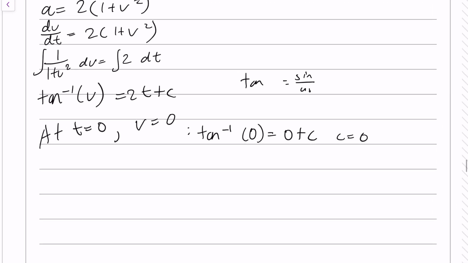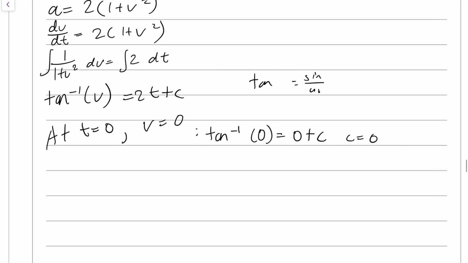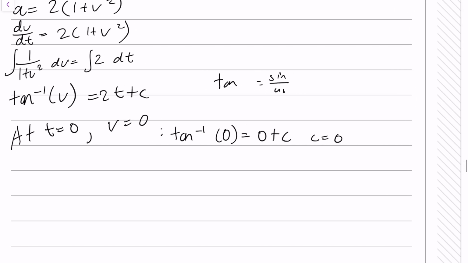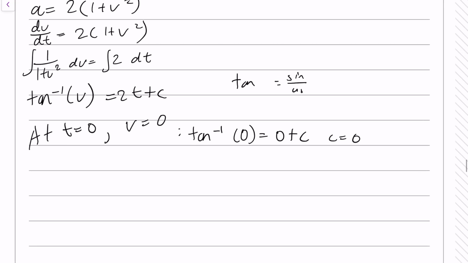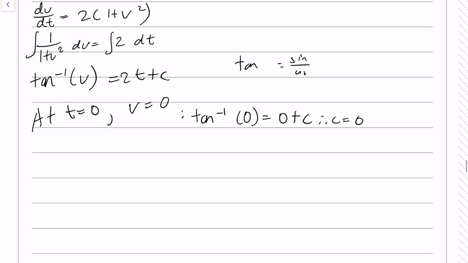Don't really have much of an explanation for that, but as long as you know that, it should be all good. Or you could draw a diagram as well. But if you think about it, doing tan of 0 will get you 0, and so inverse tan is the same thing. That's how I like to remember it. So therefore c is equal to 0 there.